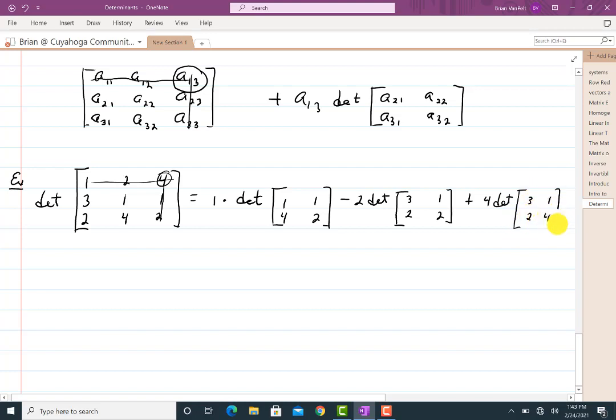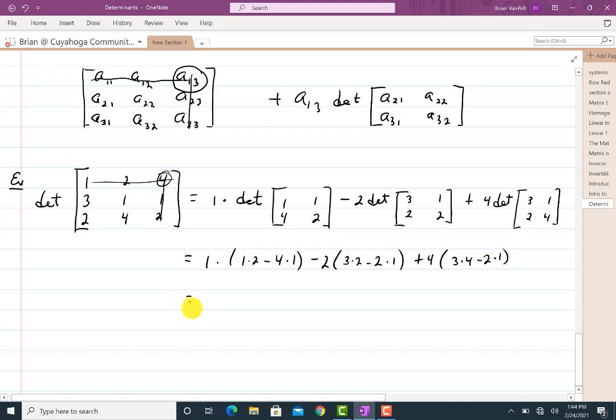And then all I need to do is go ahead and compute those determinants. So remember, for a 2 by 2, you do this direction times, so I'll do 1 times 2 minus 4 times 1, minus 2 times 3 times 2 minus 2 times 1. And then finally plus 4 times 3 times 4 minus 2 times 1.